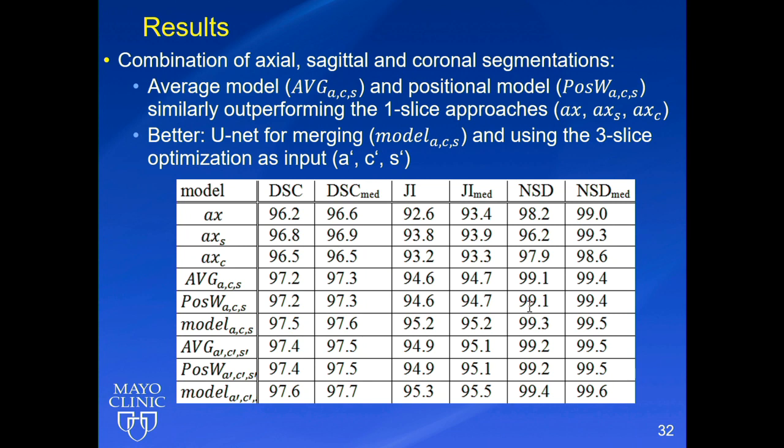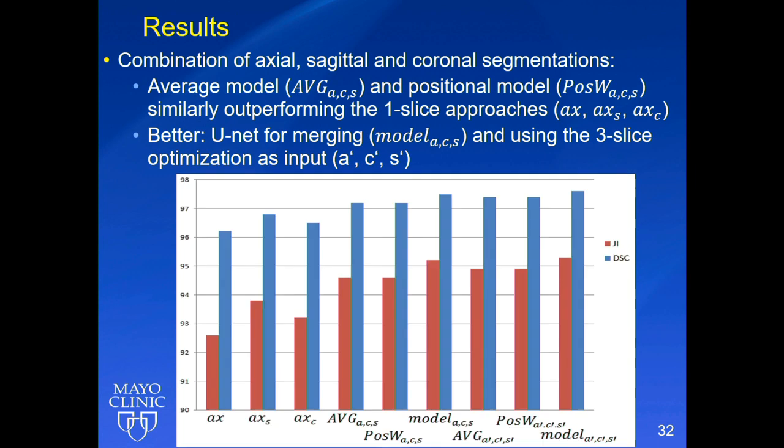Yeah, and here with the prime, A prime, C prime, S prime, that is the one where also the mini-batch previous post-slice optimization was included. So playing out all the tricks, all the aces, this is what we can achieve with our UNet cascade, doing all the optimization strategies.